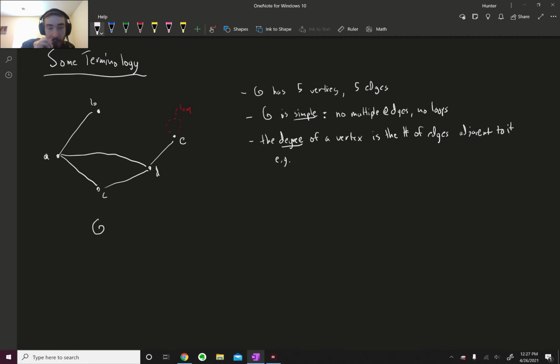So, for example, in G, we see that the degree of A is 3, the degree of B is 1, the degree of C is 2, the degree of D is 3, and the degree of E is again 1.